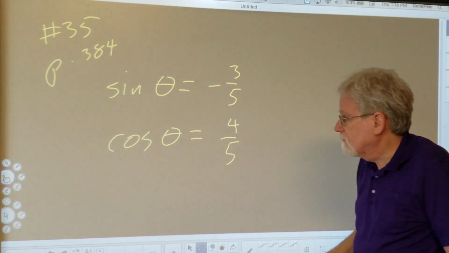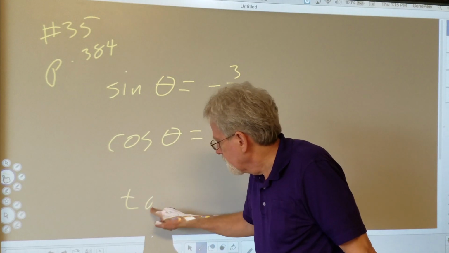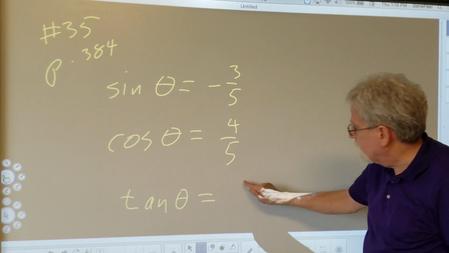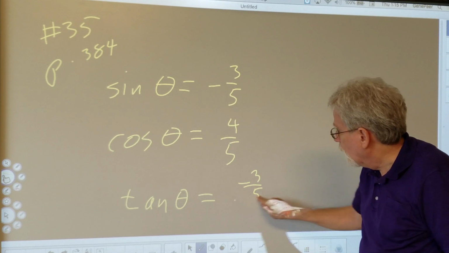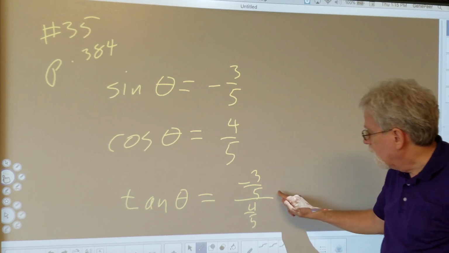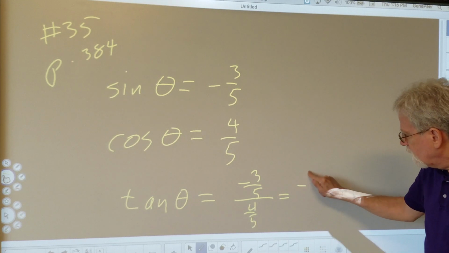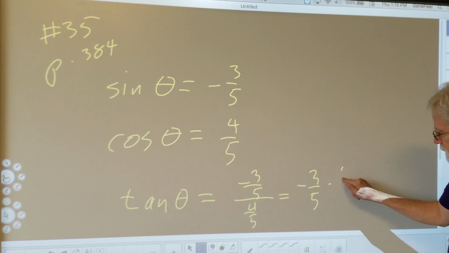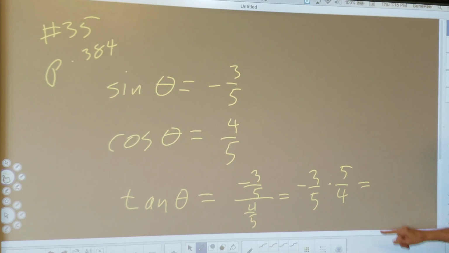All right, for tangent of theta, all I do is put sine over cosine. -3/5 over 4/5. Of course, you know your arithmetic. That's -3/5 times 5/4. And that, of course, is simply -3/4. And we're done. So that's your tangent.